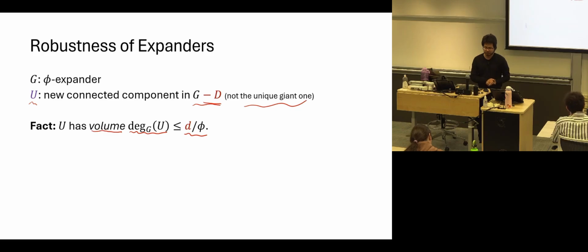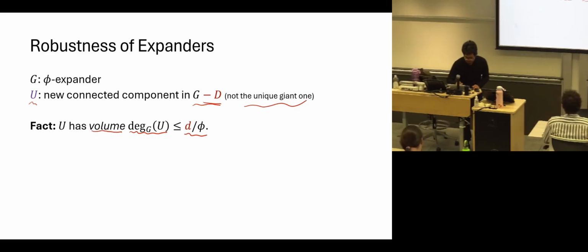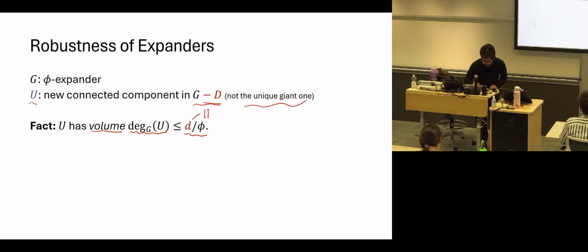That's the claim. Meaning that if I delete, let's say 10 edges, then the volume of U should be something like 10 over phi. Here the lowercase d is the size of the deleted set D.